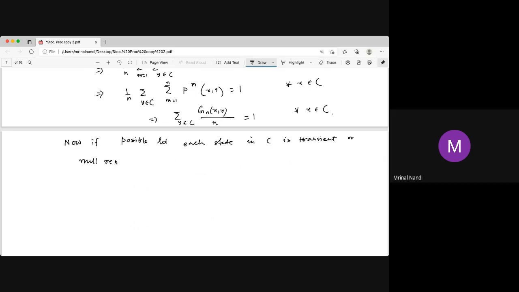If it is transient or null recurrent, then what happens? We already proved that 1 equals this thing.